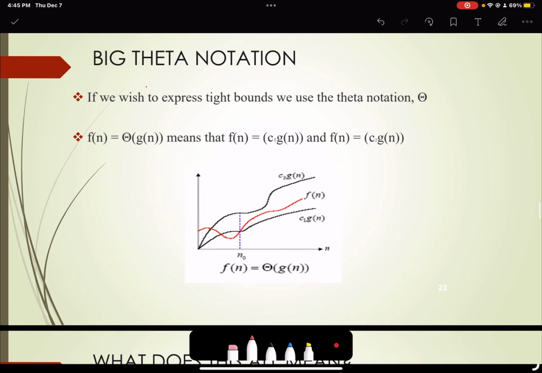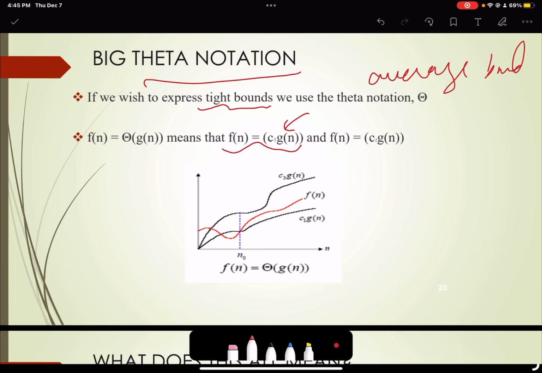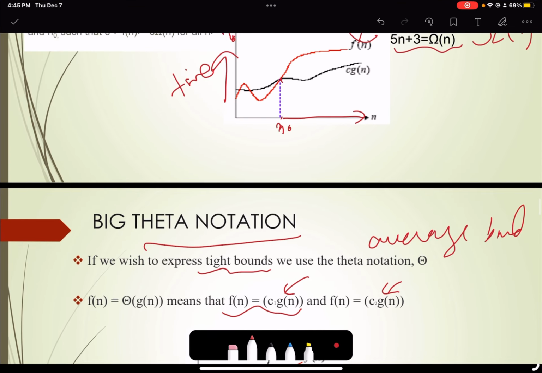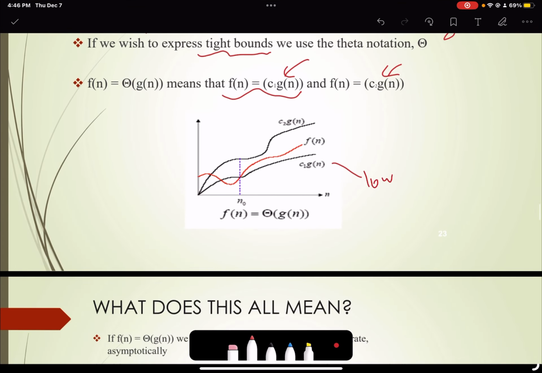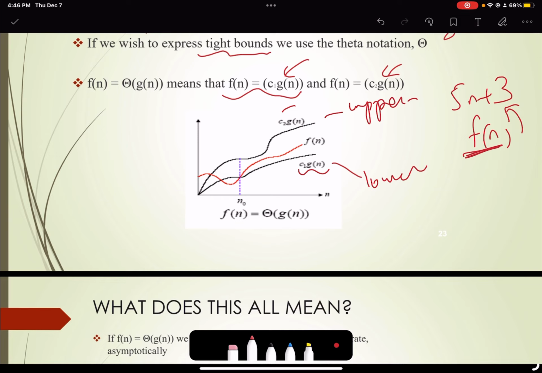Then we have the big theta notation that we studied, which is the average bound. It represents the tighter bounds. Here we are given an upper bound and a lower bound, for example for the function f of n equals 5n plus 3. We can determine the lower bound by c1 g of n, and c2 g of n becomes the upper bound for that function f of n.